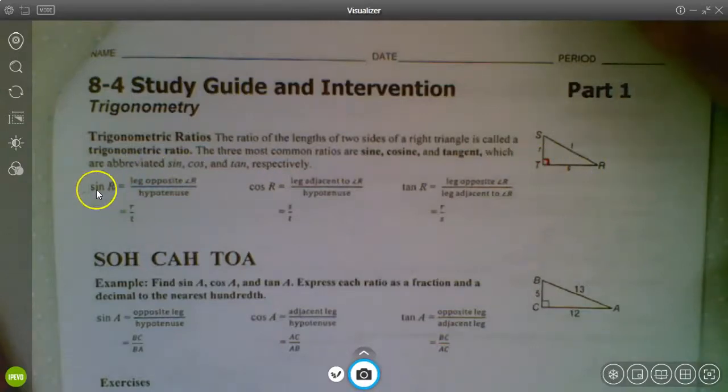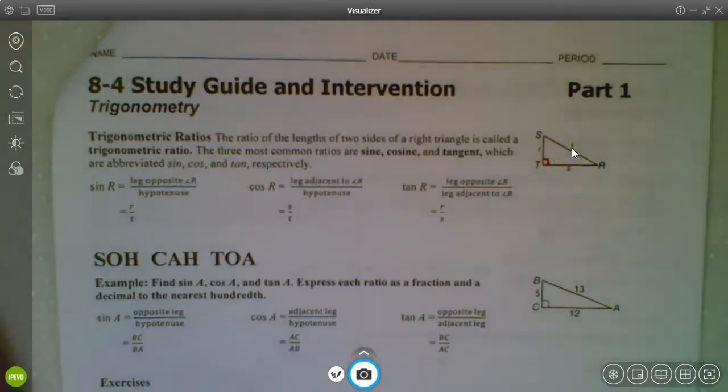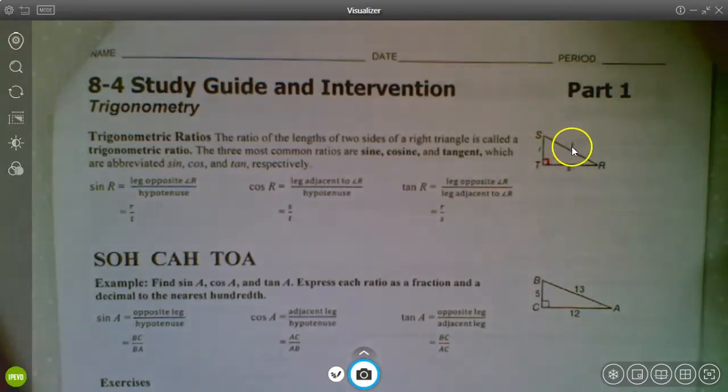So when you see that the sine ratio for angle R is the opposite leg over the hypotenuse, if I'm looking right here from angle R, this would be the opposite leg, and this would be the hypotenuse. So if I wanted to see the sine ratio from angle R, it would have to be comparing the opposite leg to the hypotenuse.